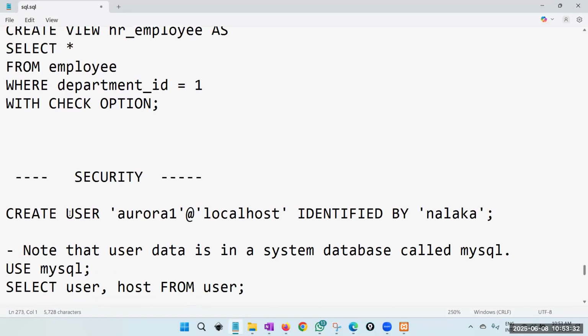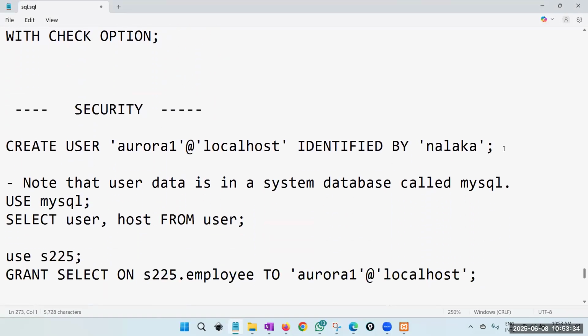So how to create a user? This is how you create a user in MySQL. Let's call this Aurora 2, because I think we have already created Aurora 1. Or let's call this Somerset. Create user Somerset at localhost, or this must be the IP address of the server where you have the database.